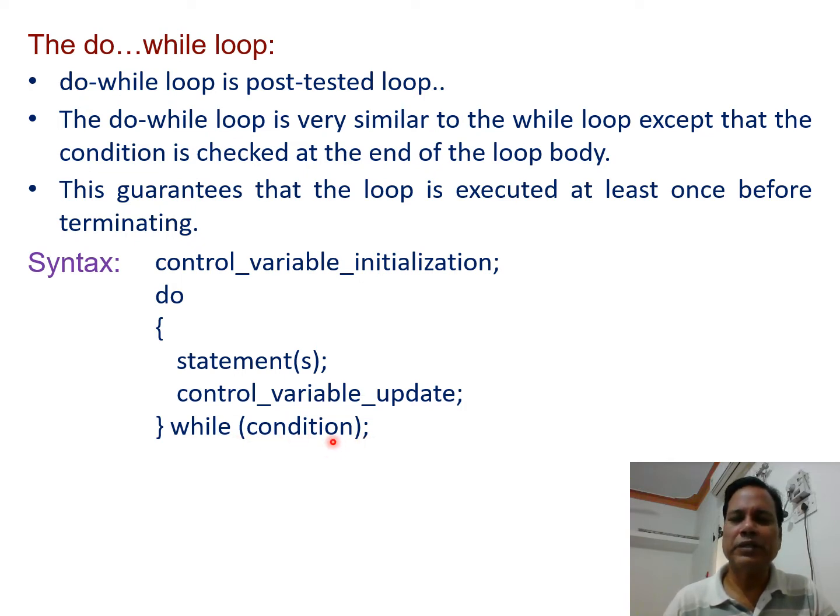So the condition is placed at the last. That is why it is called a post-tested loop. Whereas in the case of the for loop as well as the while loop, the condition is tested first, then the loop body is executed. Here, as the condition is at the last, the loop body is executed at least once before control exits the looping statement.